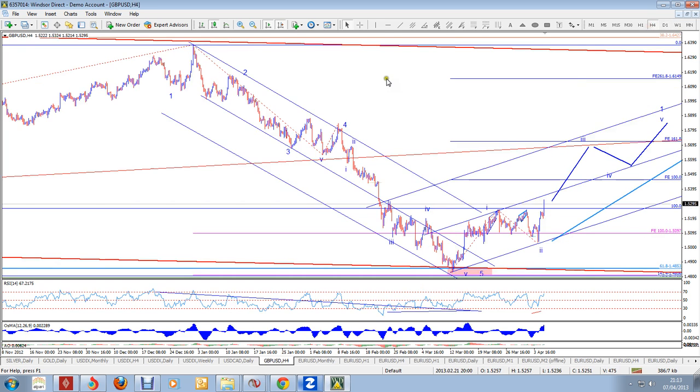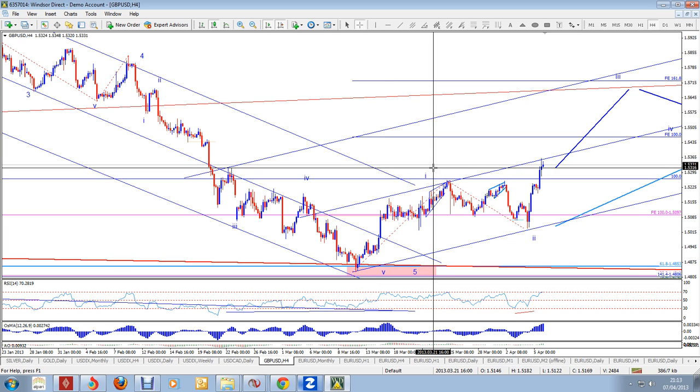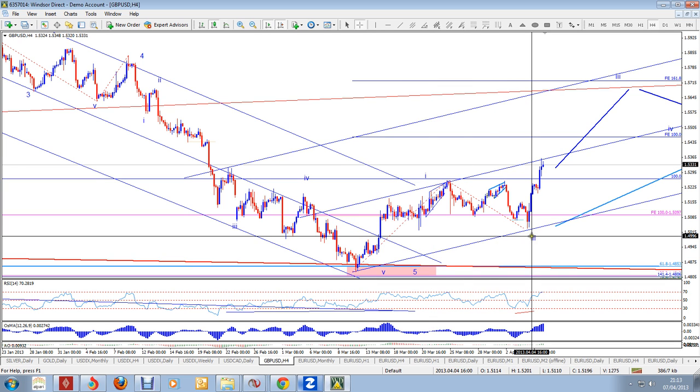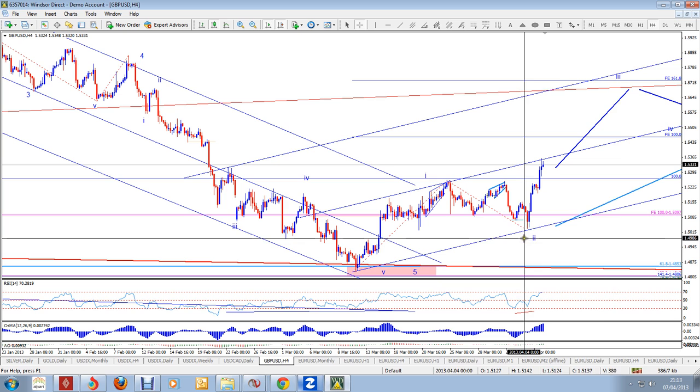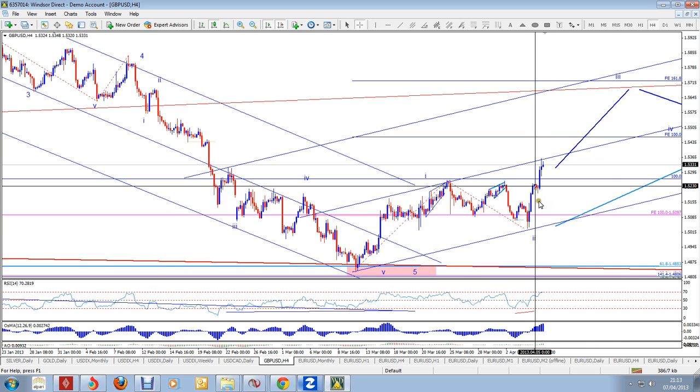So in the shorter term, pound I think is a buy, and you can see from the low recently created, we've got minor wave 1 with internal 5 waves, then A, B and C down to create wave 2, and we are now in this wave 3, and you can see even within wave 3 we've moved off very strongly.